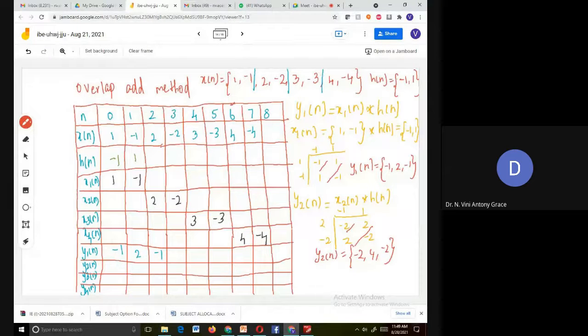Is this correct? You're getting this for y2?